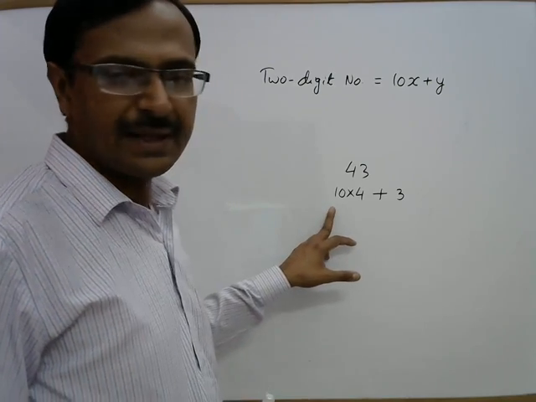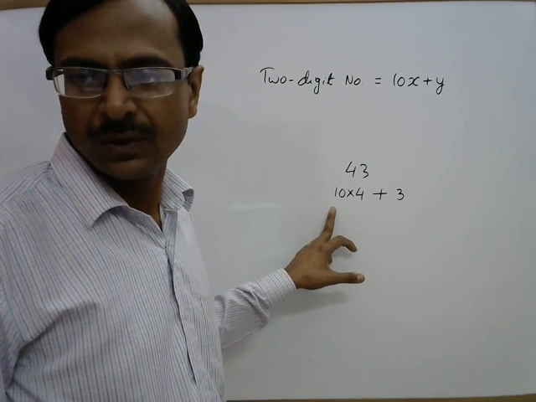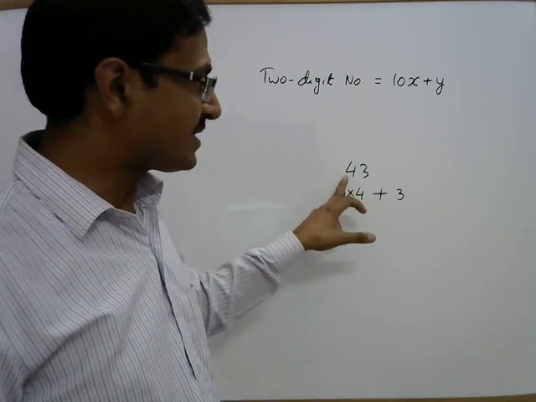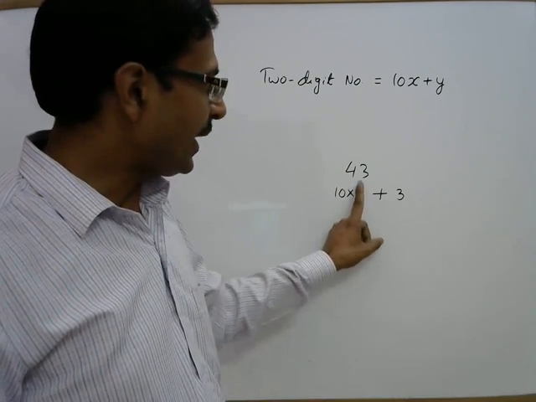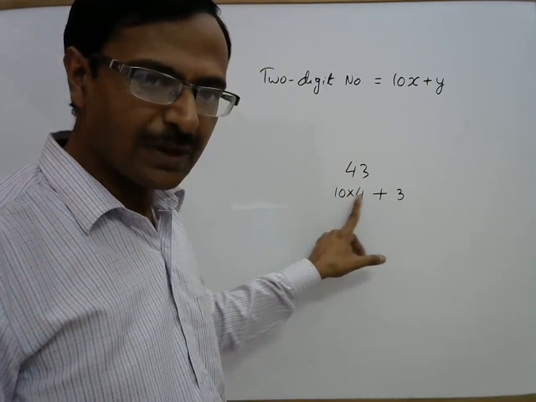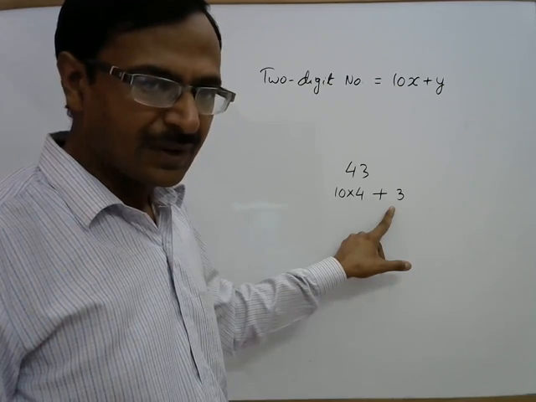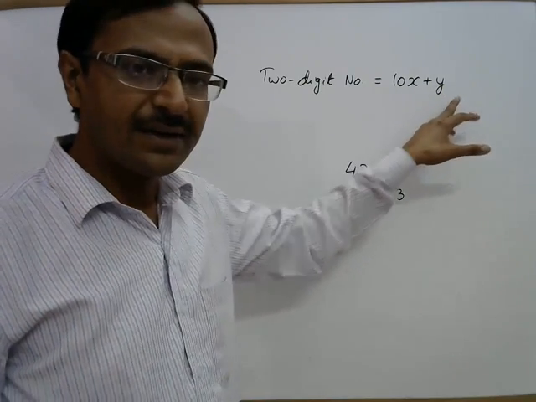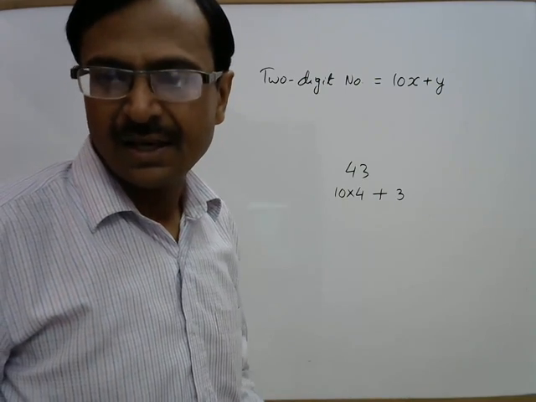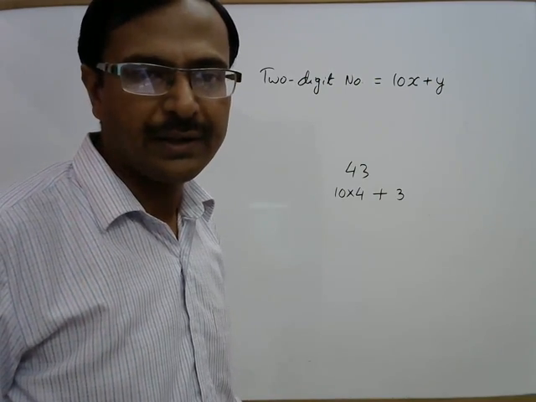So you see this 10 comes only when we have a tens digit. So 4 and 3 are the digits, whereas the number is represented by 10 into 4 plus 3. So likewise, if x and y are the digits, the number is represented by 10x plus y.